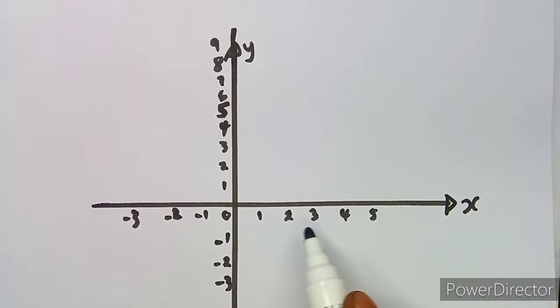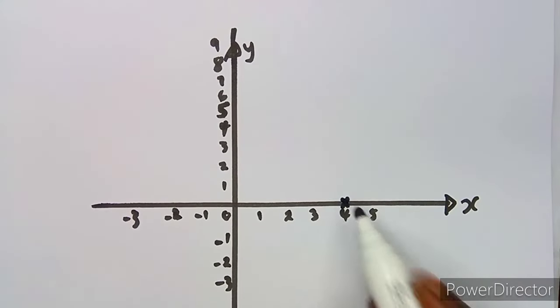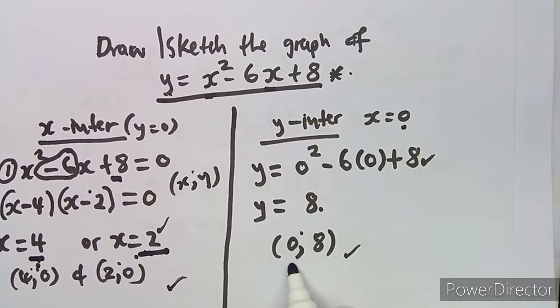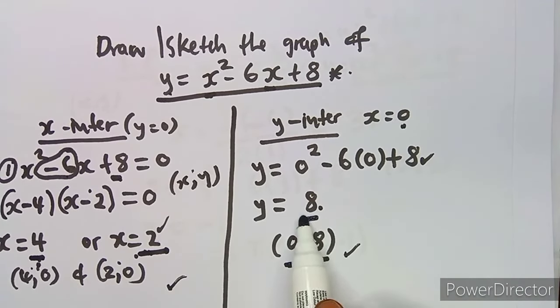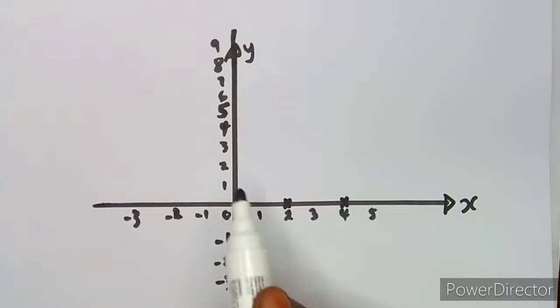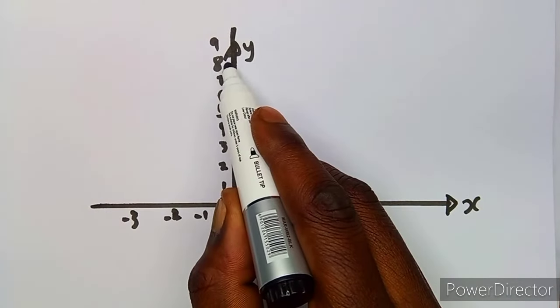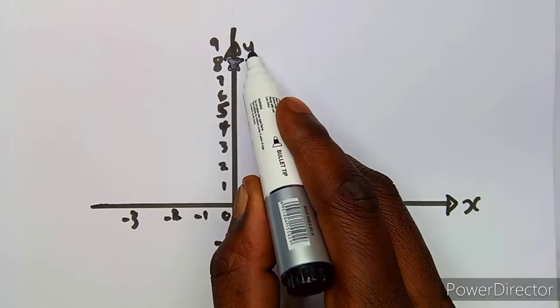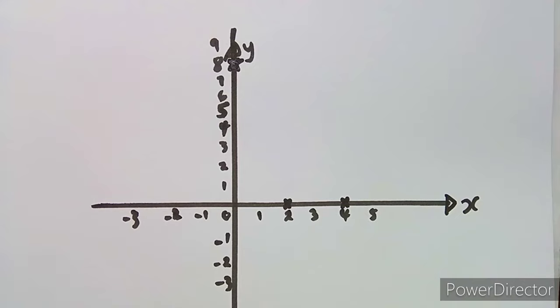Okay, so x is equal to 4 here, you mark a point. x is equal to 2 here, you mark a point. Okay, you have the y-intercept. This is your y-intercept, which is at y is equal to 8. So you're going to mark a point. y is equal to 8 here. You just mark a point there. That's y is equal to 8. In the y-axis, that's where we have a y-intercept.